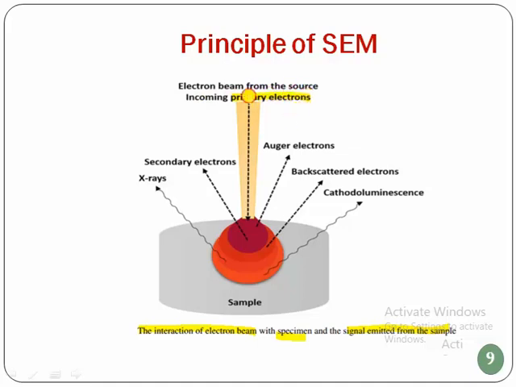Now when these primary electrons come toward the sample, what happens? They give energy to the atomic electrons of the sample, and it will release secondary electrons, X-rays, and backscatter electrons.